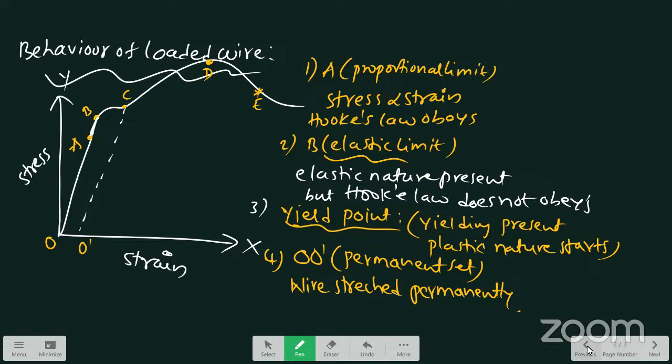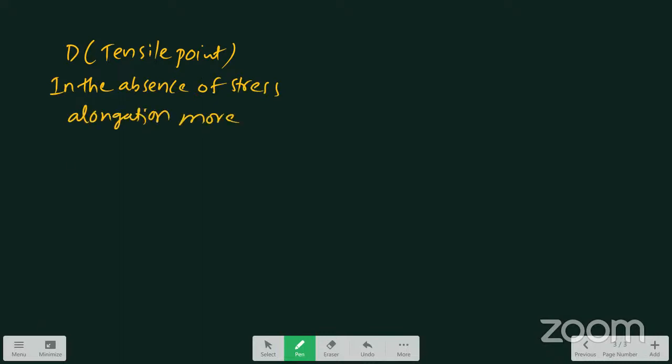Practically, we are not applying load, and the wire becomes thin. That state we are calling D, the tensile point: in the absence of stress, elongation is more.